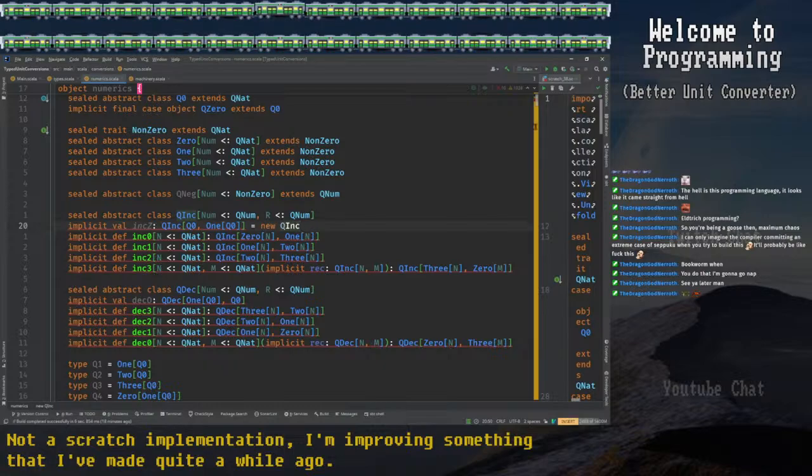Is there a way to auto-infer? No, auto-infer type parameters in constructor.